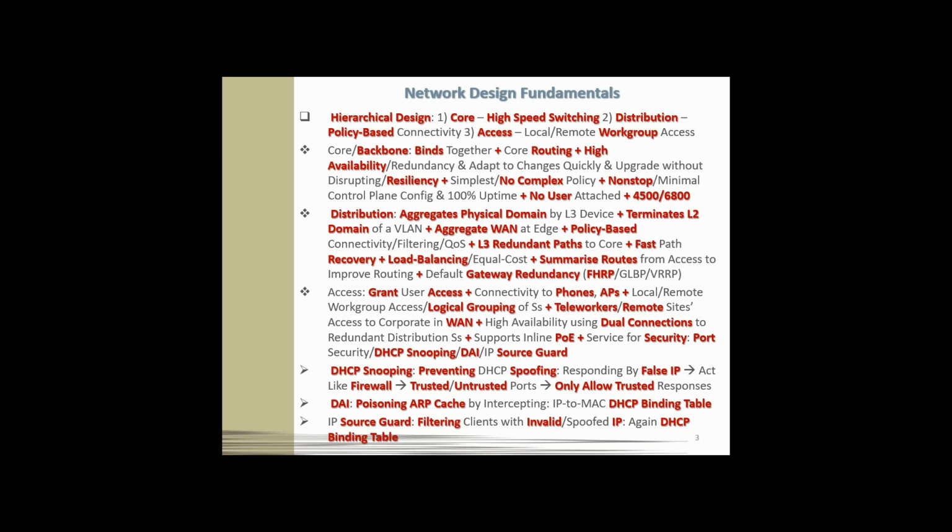This is access layer, the place whereby devices that extend the network out one more layer are attached, and an example of that is IP phones or wireless access points. These technologies, they extend the network out one more level.